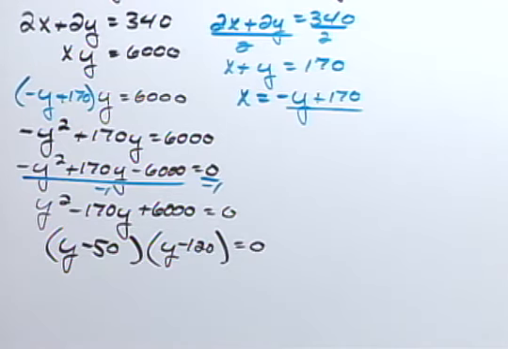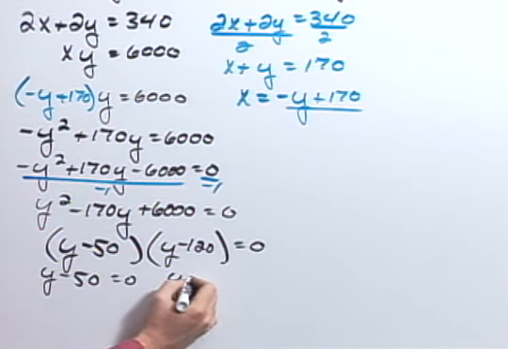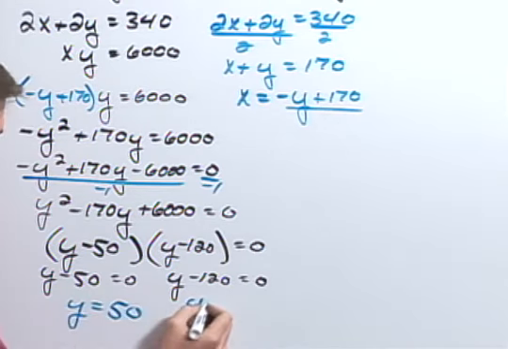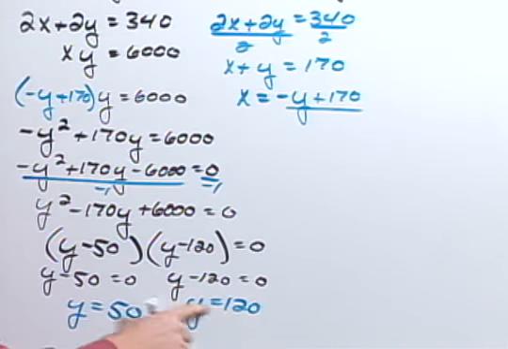Setting each of those pieces equal to 0, y minus 50 equals 0, or y minus 120 equals 0. So y equals 50 by adding 50 to both sides, or y equals 120 by adding 120 to both sides.